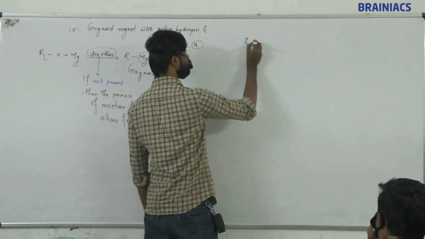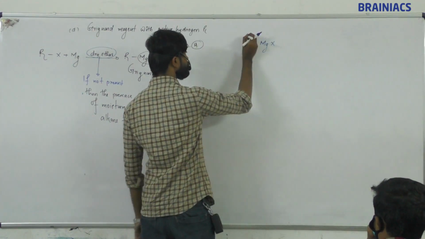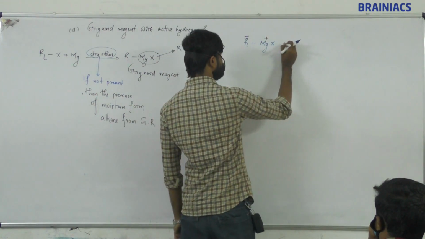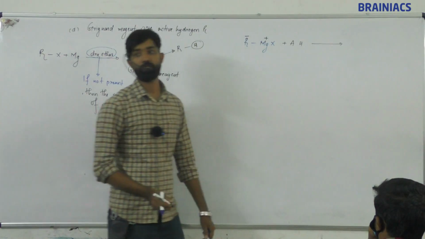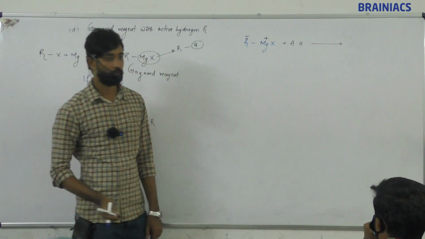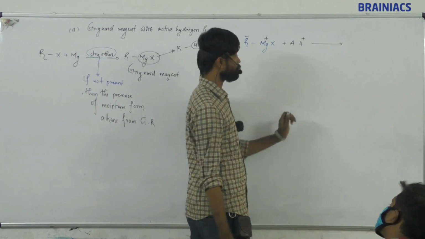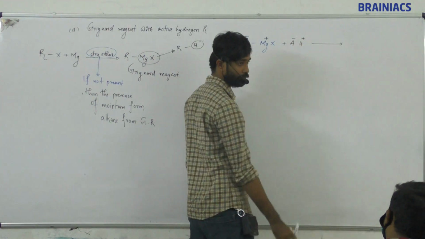Listen, if you have Grignard reagent, you know the polarization of Grignard reagent. Grignard reagent is R minus and MgX plus, which reacts with the active hydrogen species. Active hydrogen species, let it be AH. The condition is that the species should supply H plus, whatever be the A minus.